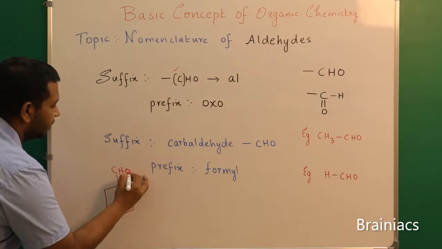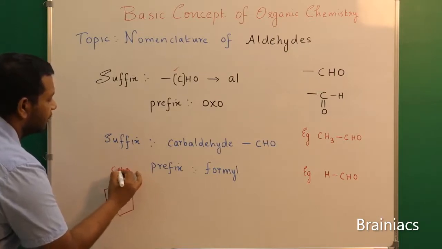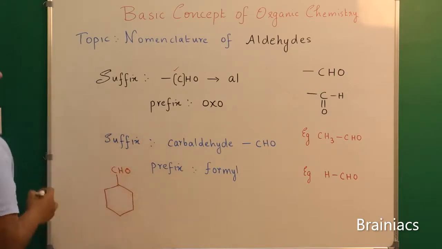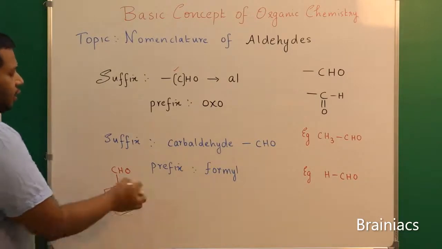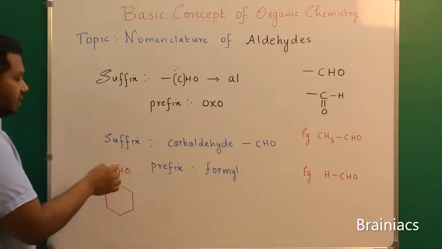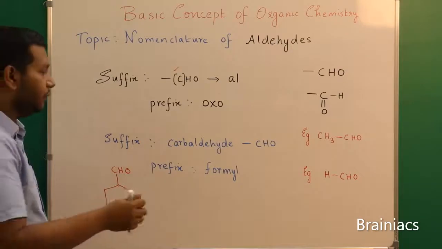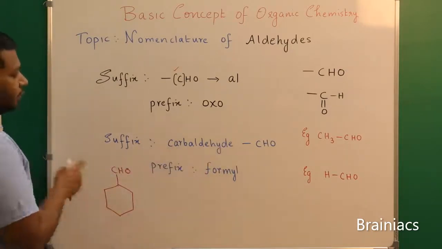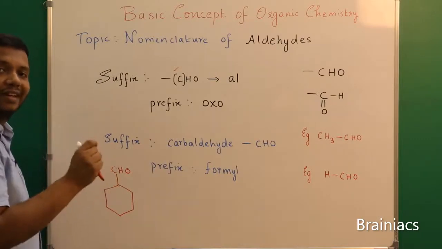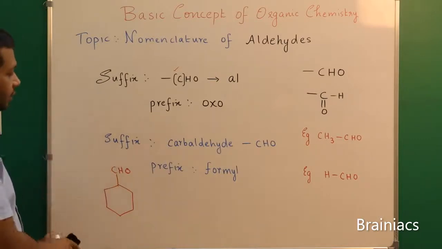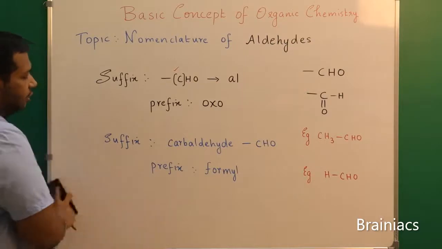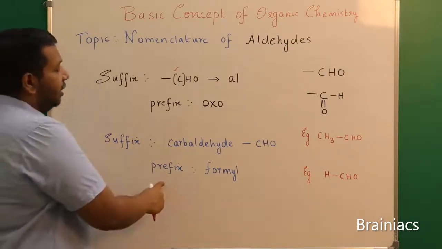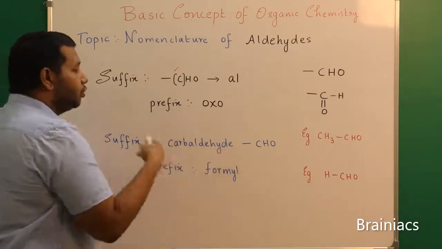In this case, CHO is present outside the ring and it cannot form a parent carbon chain. So this will be the parent, so I can say cyclohexane. Since this carbon atom is not included, we use the suffix carbaldehyde. So the IUPAC name of this compound is cyclohexane carbaldehyde. Understood?